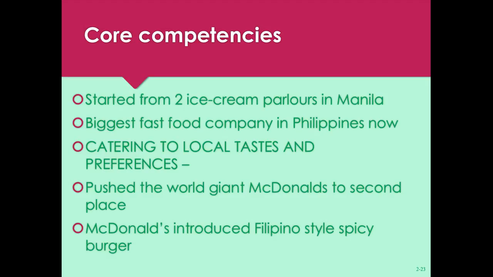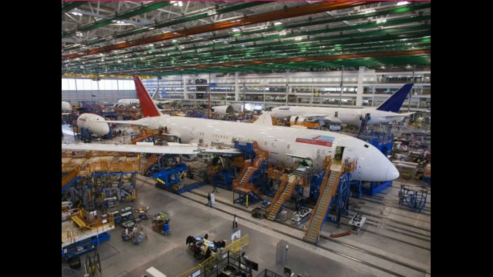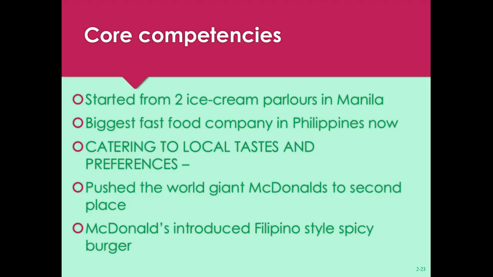Now this one is purely about operations, because the food preparation, the taste, giving taste to the burgers and the fast food, this is the job of the operations. So the operations made a strategy to beat the world giant McDonald's by catering to local tastes and preferences. So that is an example of how core competence is to be understood, and how core processes are developed from the core competence.